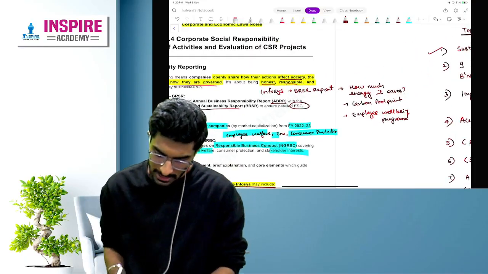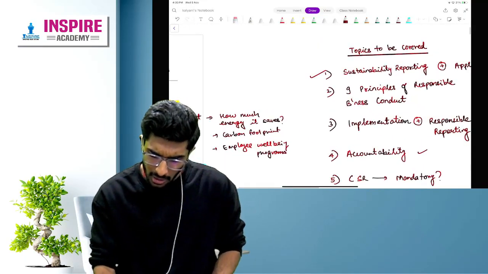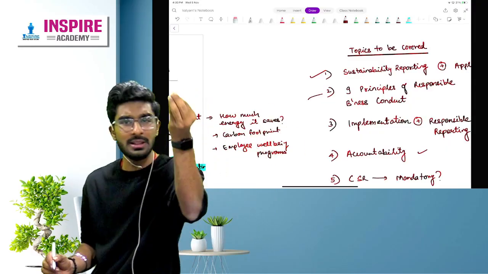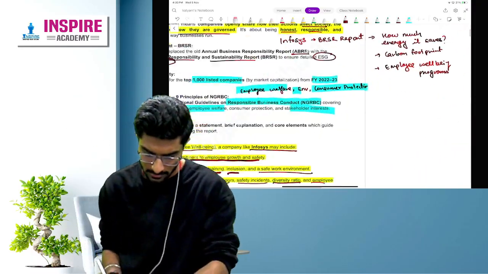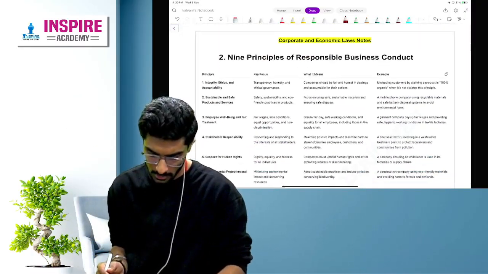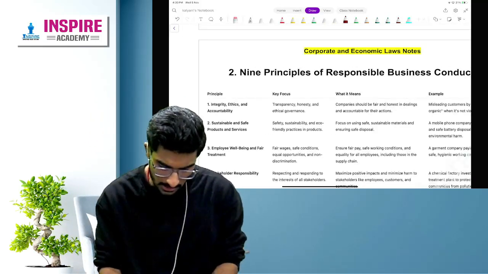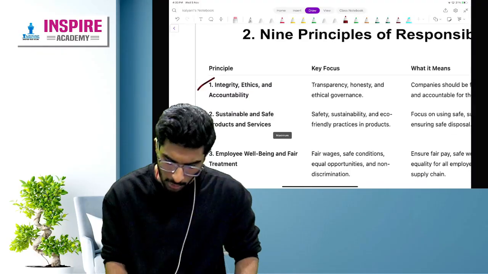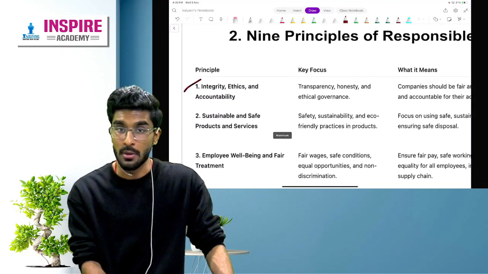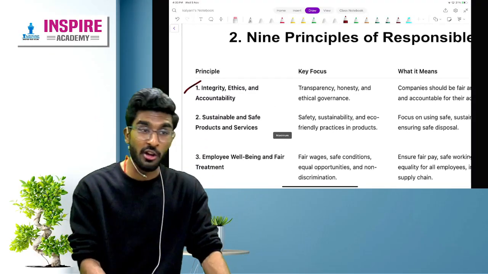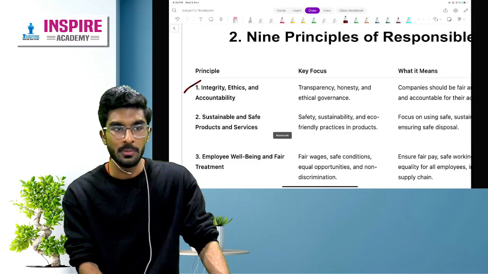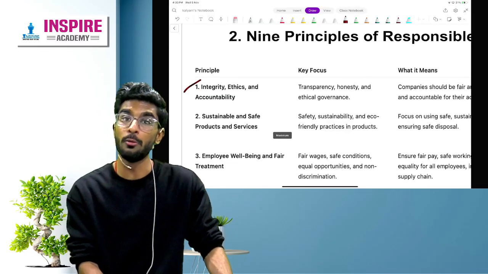Okay. Now next, people. Now these 9 NGRBC principles. What are these 9 NGRBC principles? Let's understand now. Very interesting. So these are the 9 NGRBC principles. Number 1 is, people, integrity, ethics and accountability. A company cannot advertise their product saying that it is 100% genuine. They cannot do fake or false advertising.